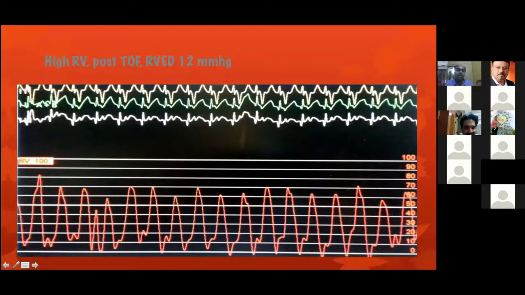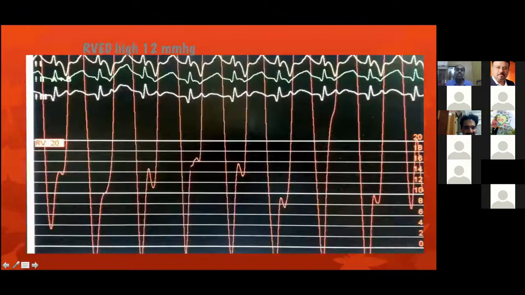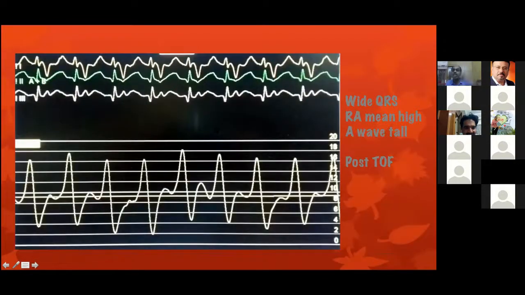And once this goes to 20 millimeters of mercury, you can appreciate in this pressure trace, almost it is touching 16 millimeters of mercury here. So it is significantly elevated. And this is reflected onto the right atrium. So right atrium mean pressure goes up with tall A waves. So this is progressive back pressure from the pulmonary artery down into the ventricle and atria.